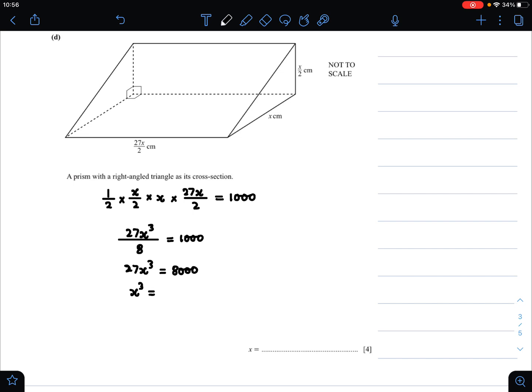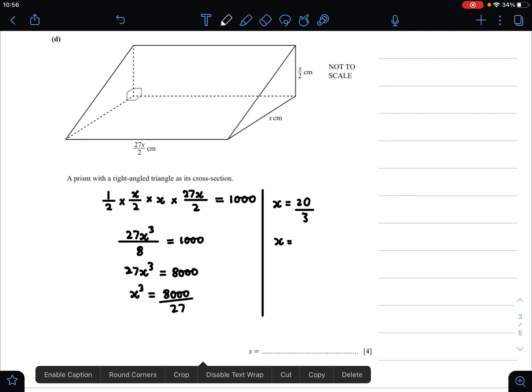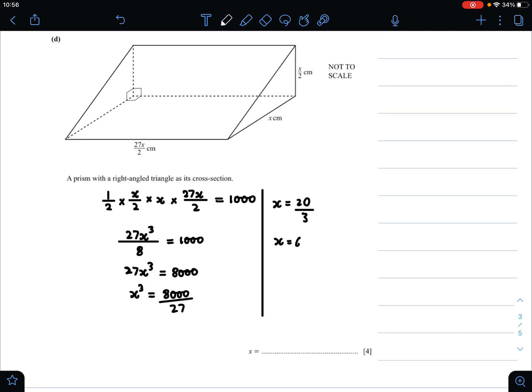So 8000 divided by 27, you can just write that as a fraction, and therefore x will be equal to cube root of 8000 divided by 27. So cube root of 8000 divided by 27 is equal to 20 by 3, and in decimals it is equal to 6.6666.